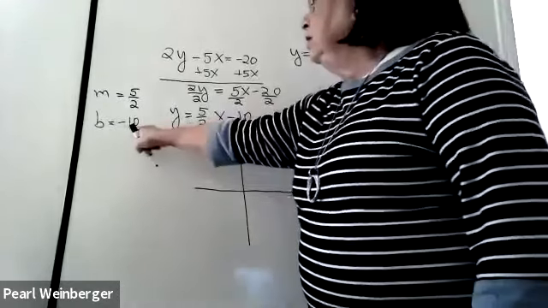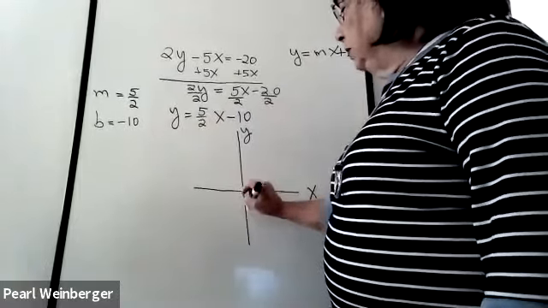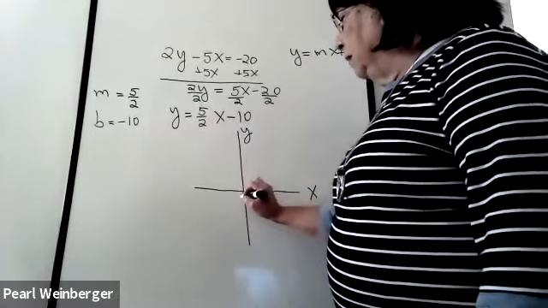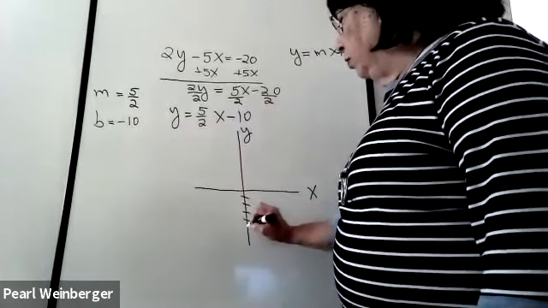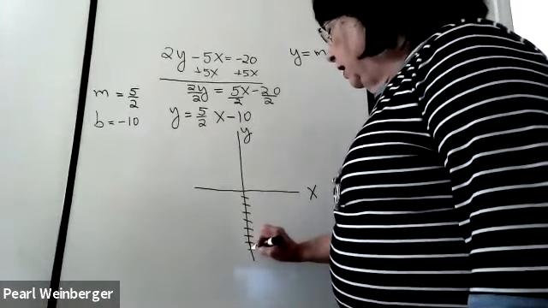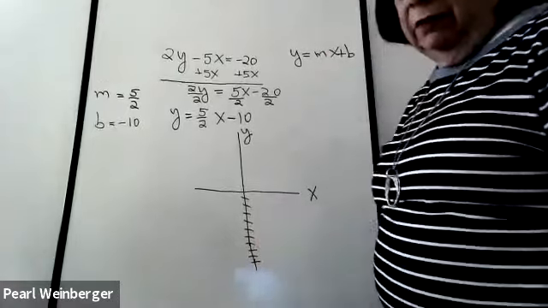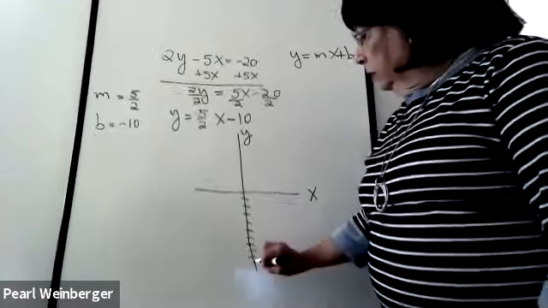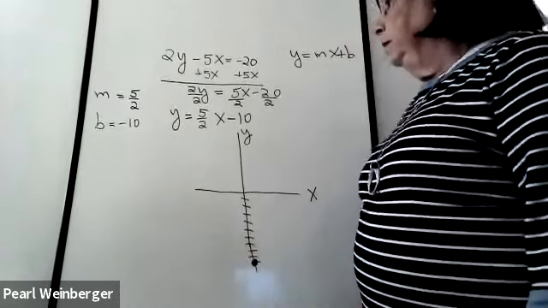We said our y-intercept is negative 10. That means I have to go down 10 on the y-axis to get my first point. 1, 2, 3, 4, 5, 6, 7, 8, 9. Here's my negative 10. So I start at negative 10 as my first point.